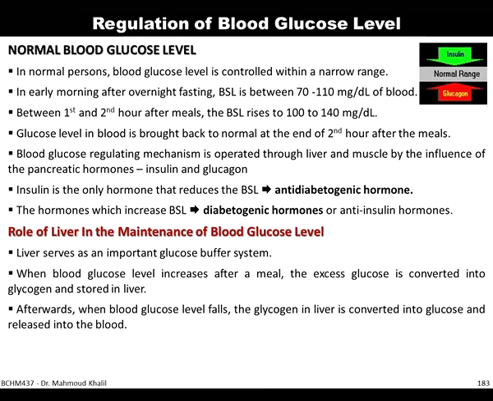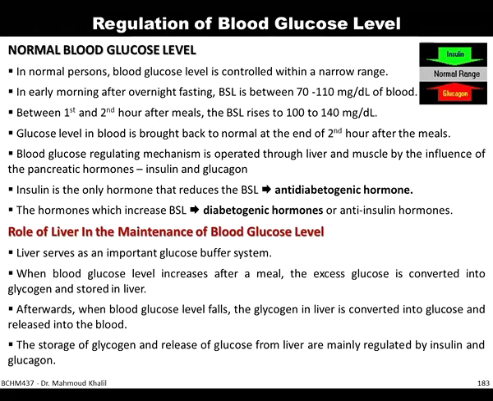Afterwards, when the blood glucose level falls, the glycogen stored in the liver is converted into glucose to be released into the blood. The storage of glycogen and the release of glucose from the liver are mainly regulated by insulin and glucagon.